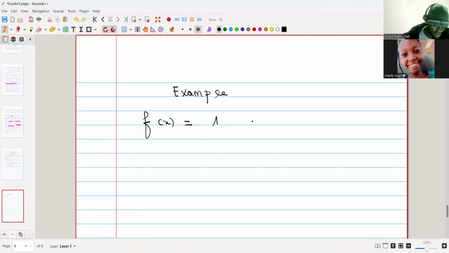To avoid repeating the same thing, it's better for me to take f of x equal to 1 if x is in Q, the set of rational numbers, and 0 otherwise, so when x does not belong to Q. We want to show that f is not Riemann integrable.